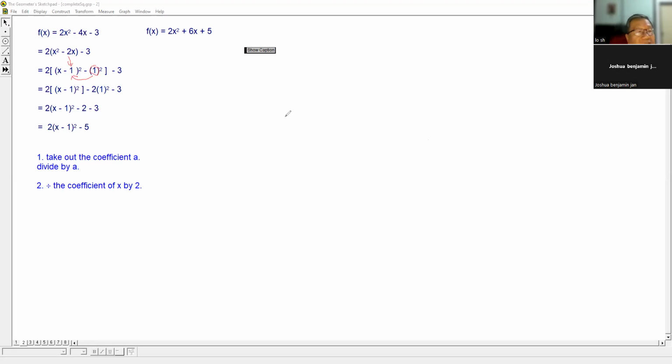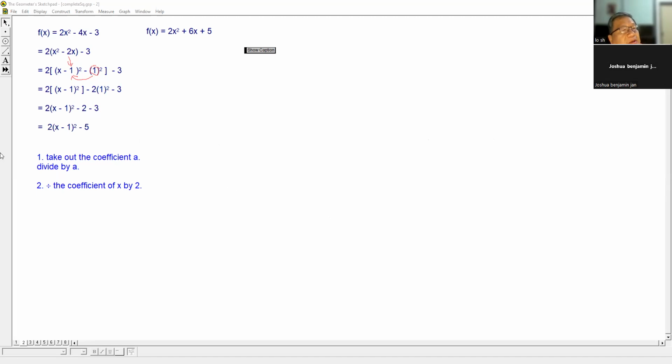If this number is 5, then I minus 5 squared. If this number is 4, then I minus 4 squared. Then this 3, I just copy down. You have to copy down the 3.